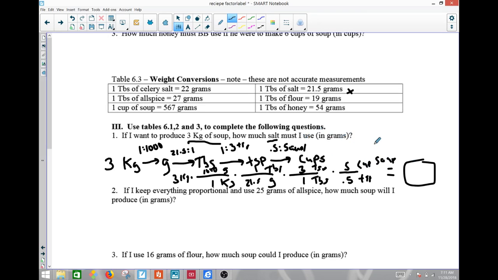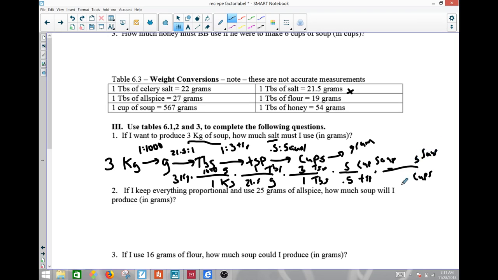All right, so I'm going to maybe erase this here. I can do that. There we go. One more step. It wanted me to go from cups into grams of soup. This is getting a little excessive here, but we'll go with it. Get rid of cups and go to grams of soup.